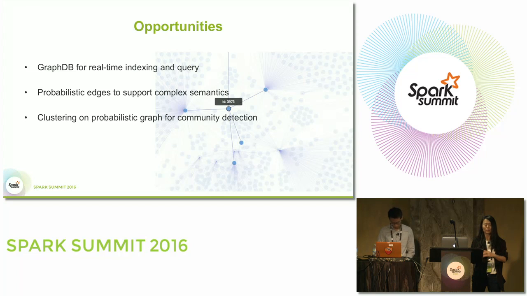Also introduce probabilistic edges so we can encode much more complex semantics among all our vertices and entities. So given a probabilistic graph, we need to look into a clustering algorithm to allow us to do high-fidelity community detection to have the anomaly detection algorithm run.